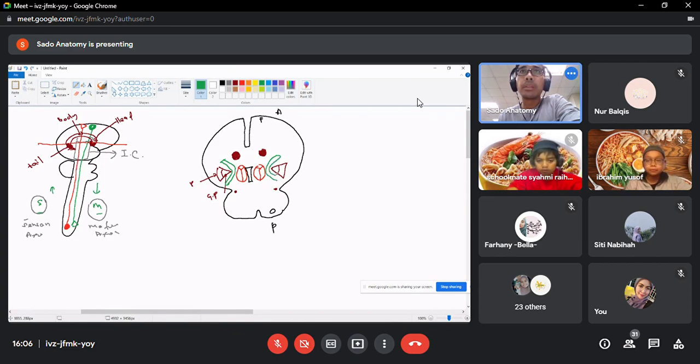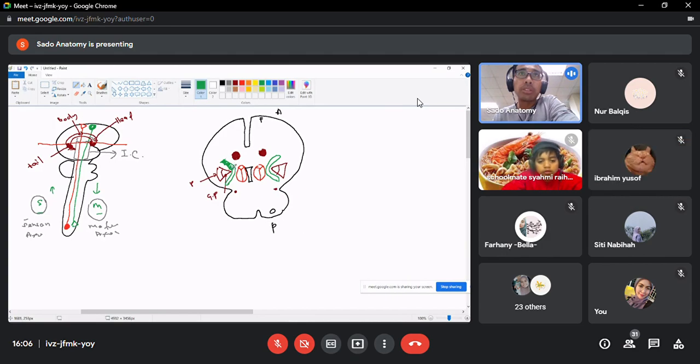This bundle of axons, bilaterally compressed between the lentiform nucleus laterally and the thalamus and caudate nucleus medially, is what we call the internal capsule. Clear, class or not? This is your internal capsule.